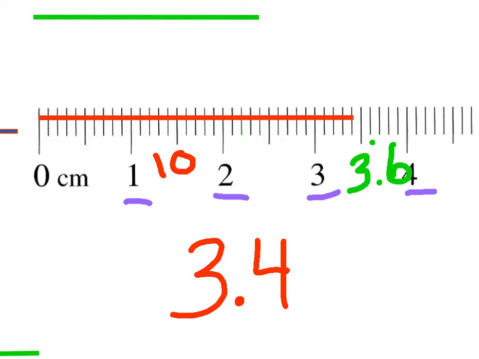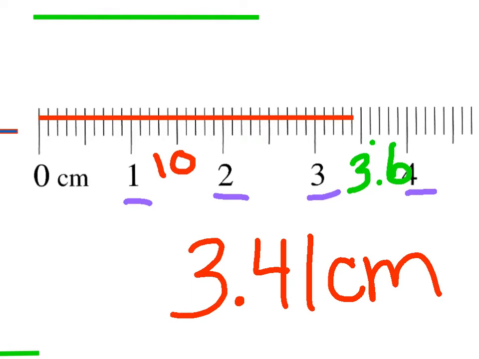And so here's where I need to estimate. For this line, it's really, really close to that 4. I need to think of there being another 10 divisions between 4 tenths and 5 tenths. So if I'm going to do that in my mind, I'm going to estimate that that's going to be a 1. So my answer for this measurement would be 3.41 centimeters.